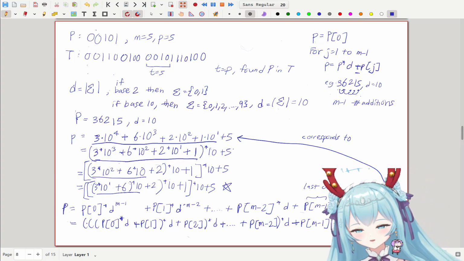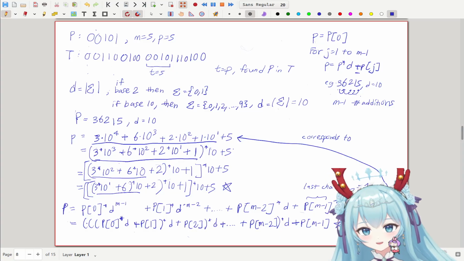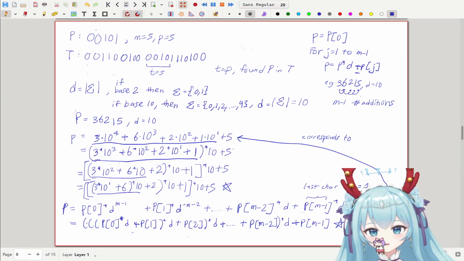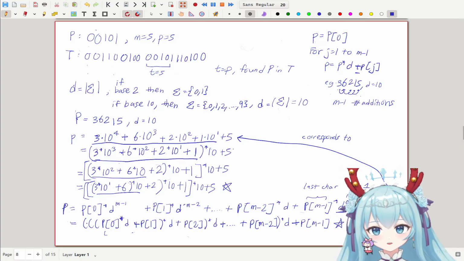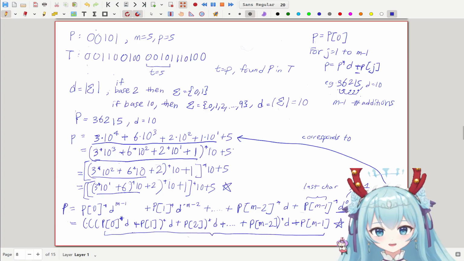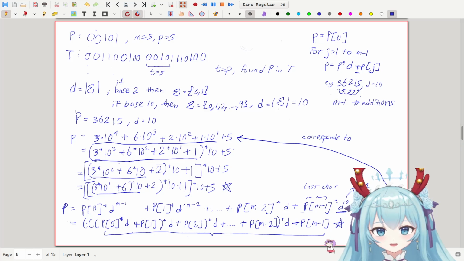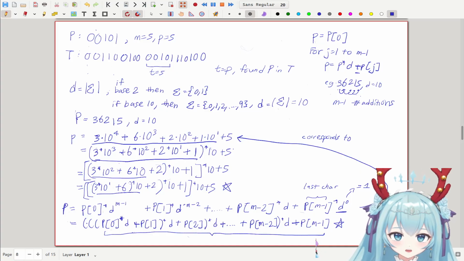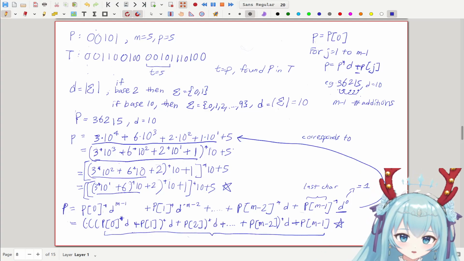Another simple way to understand it is we can see this general formula over here. Given p over here, if you look at the numbers, we start from 0 and we end off at m minus 1.